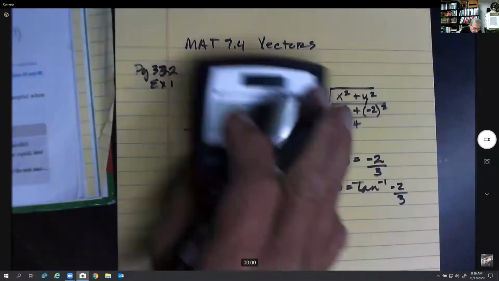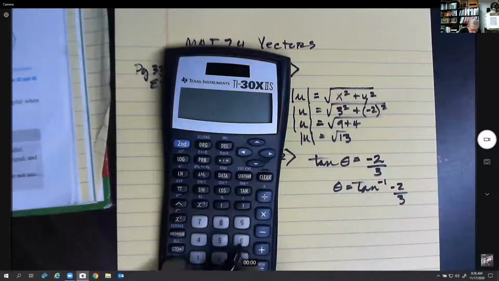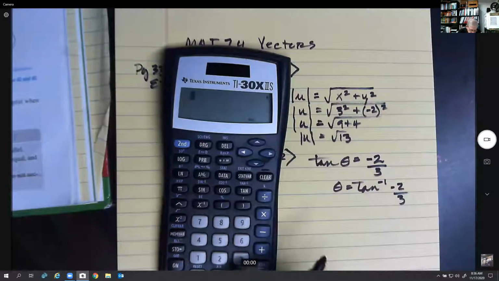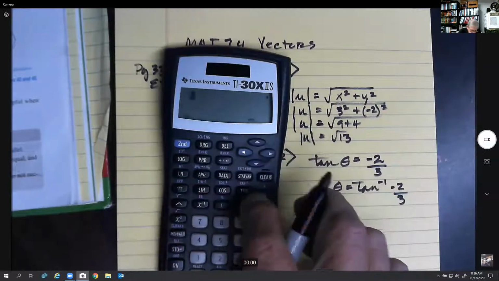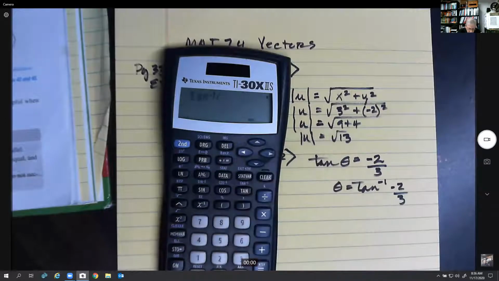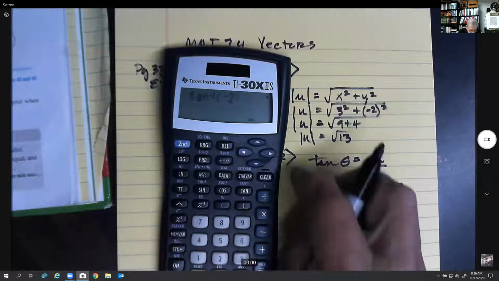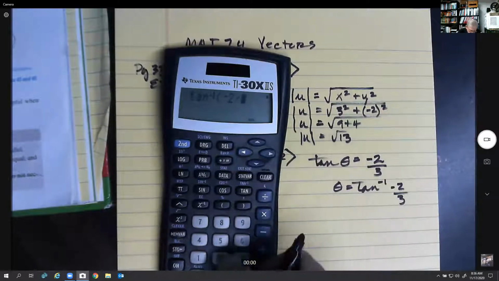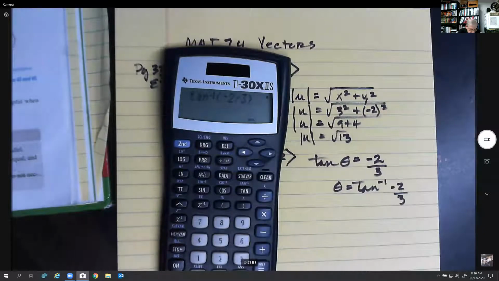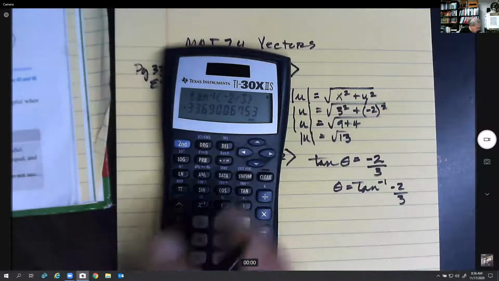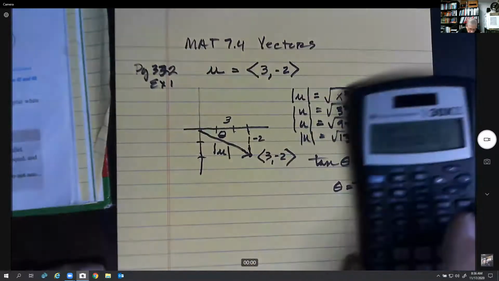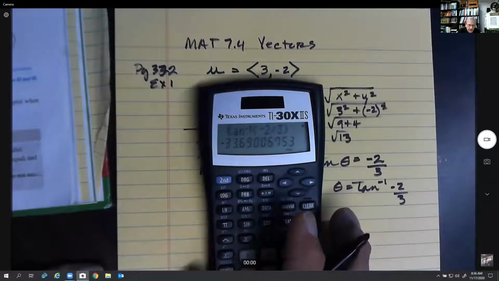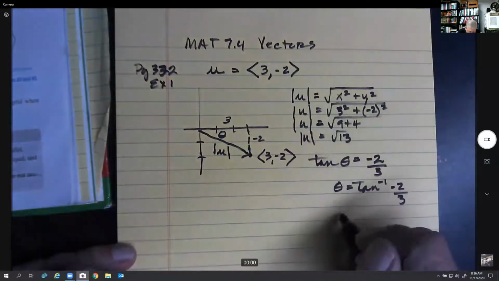So I'm going to have to go to my calculator, and let's see what that is. Second tan, -2 divided by 3 is -33.6, or 7. Let's round it off to -33.7.